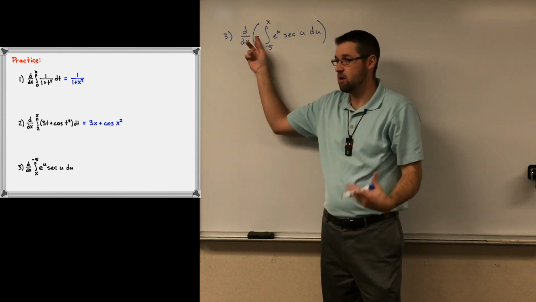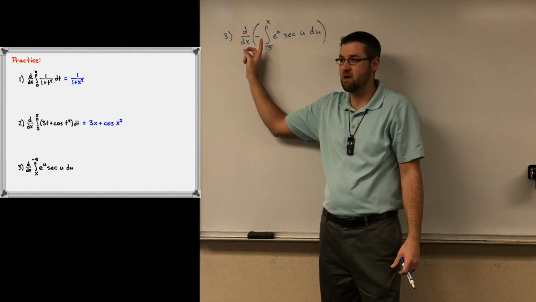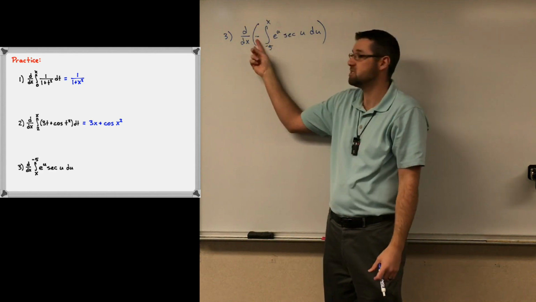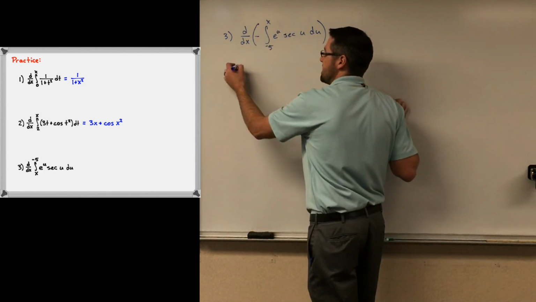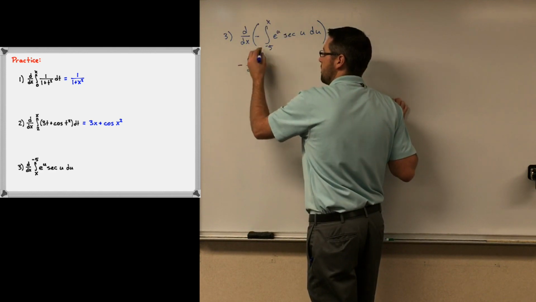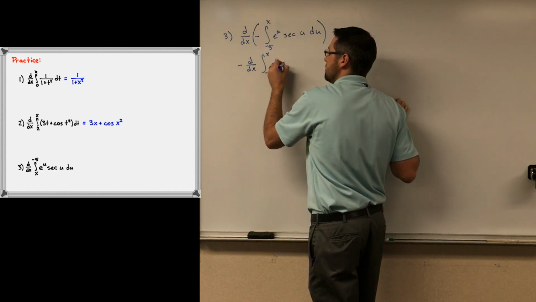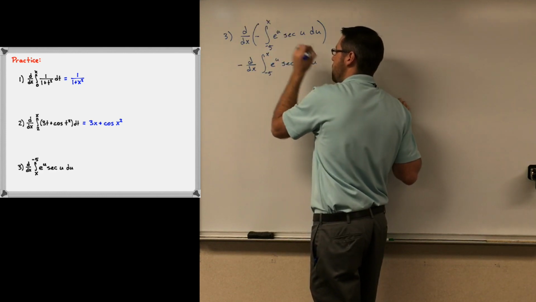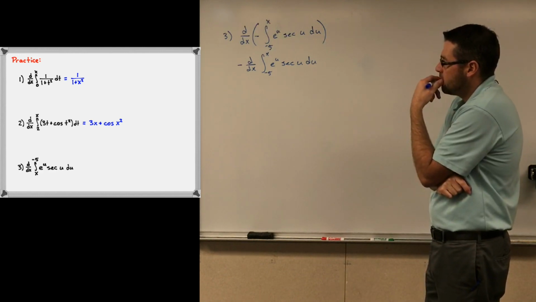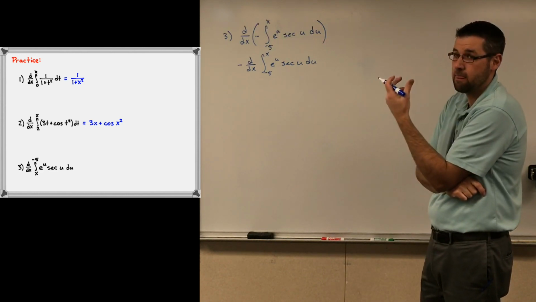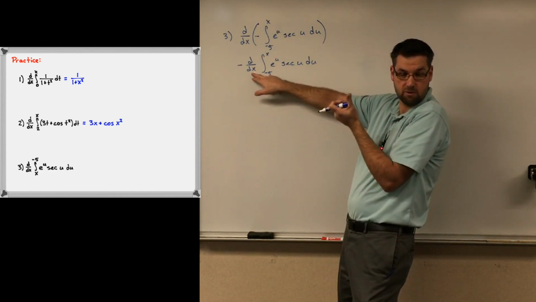Now this negative is now a negative 1 constant, right? Remember, what do I do when I take the derivative of a constant times something? I can move it out front, right? So I could rewrite this as the negative derivative of the integral from negative 5 to x of e to the u secant u du. Now does my rule apply? The lower bound is a constant, the upper bound is the variable that I'm taking the derivative in respect to.